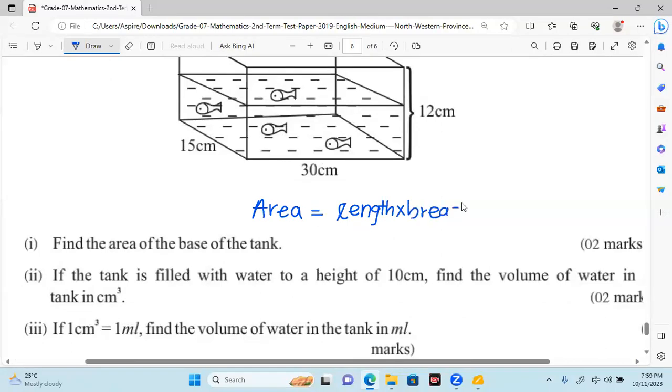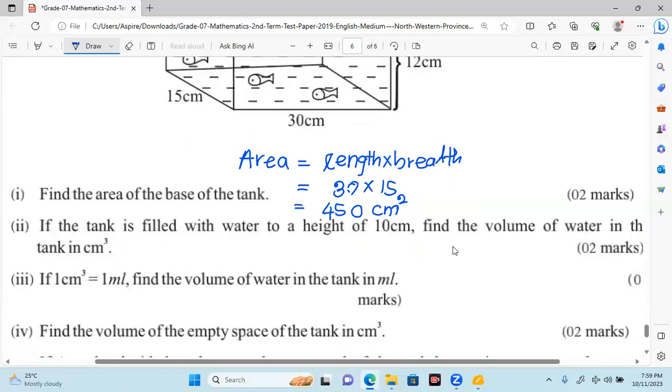What is the length? We can consider the length as 30, breadth as 15. Therefore, 15 into 3 is 45. Therefore, it is 450 square centimeters.